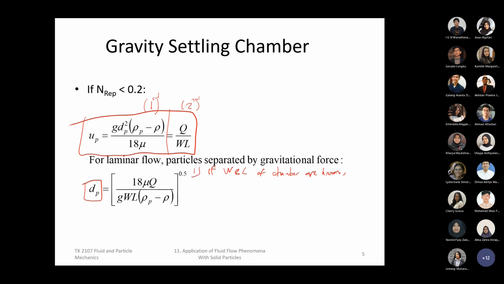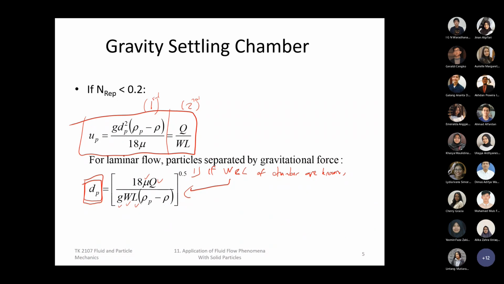Okay, if we already installed the chamber and we know the residence time and so on, then by substituting all of this into this equation, we know the viscosity of the air, the volumetric flow rate of the flue gas, gravity, the width, the length, so all the dimensions are already fixed. The one variable we cannot control is the minimum particle that can be separated.